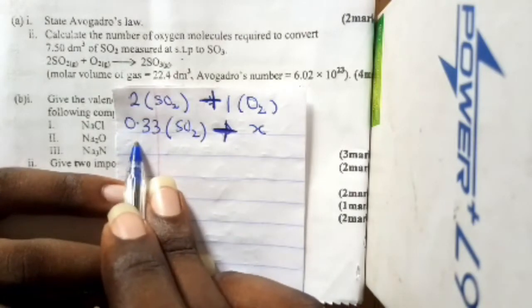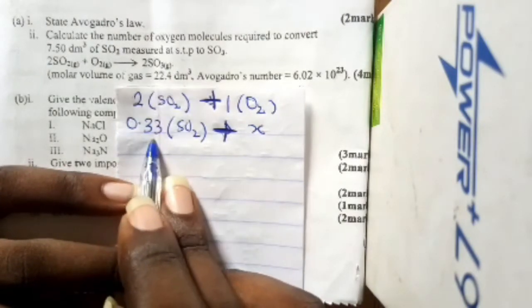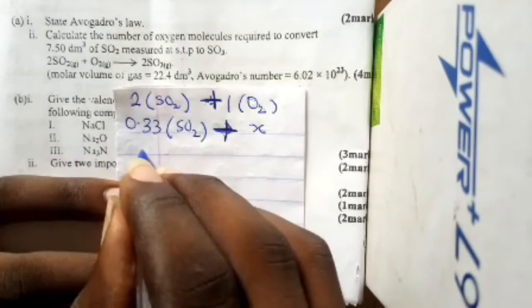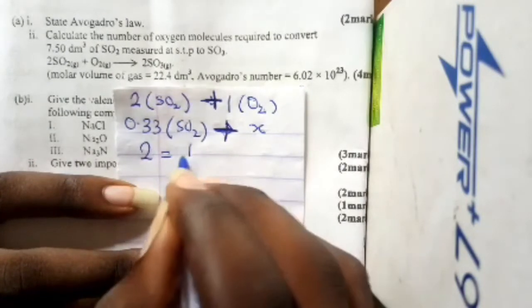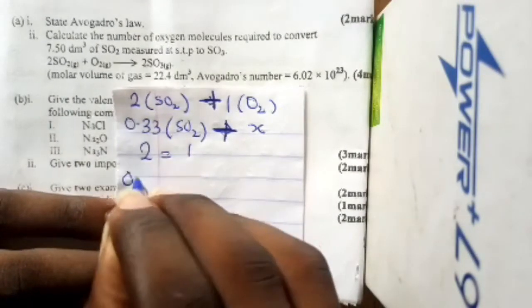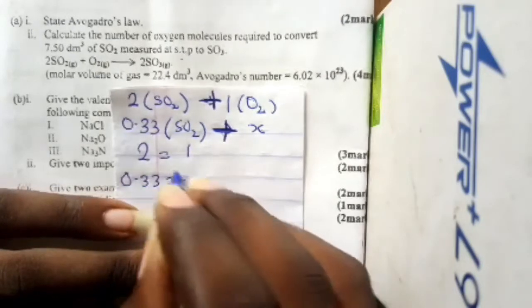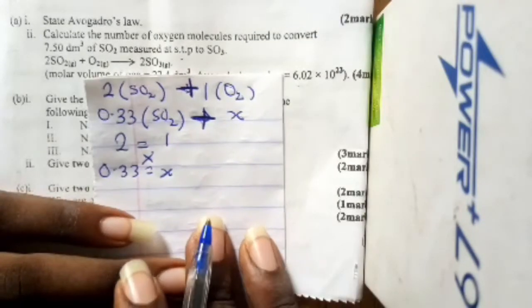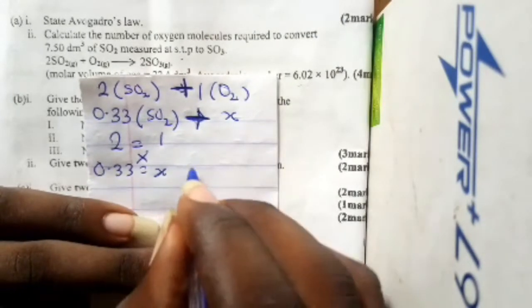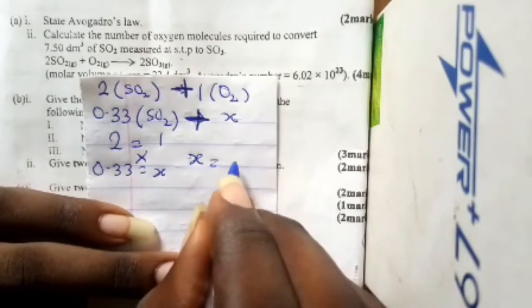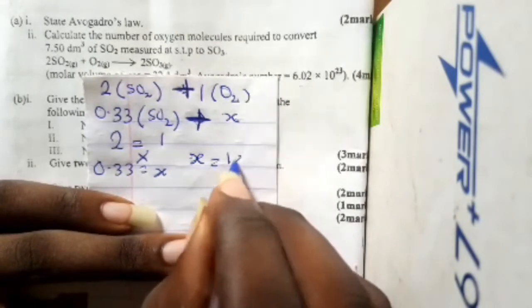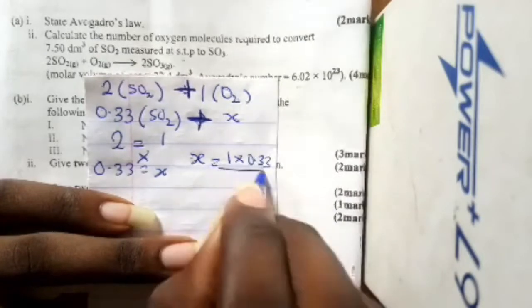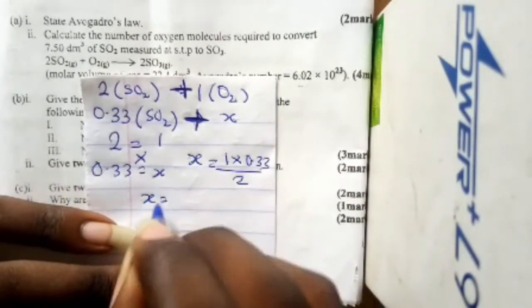So now we have a reacting mole of 0.33. So if 2 reacted with 1, but now we have 0.33 to react with it, just do a simple cross multiplication. So the number of reacting moles of oxygen will be 1 times 0.33 over 2.